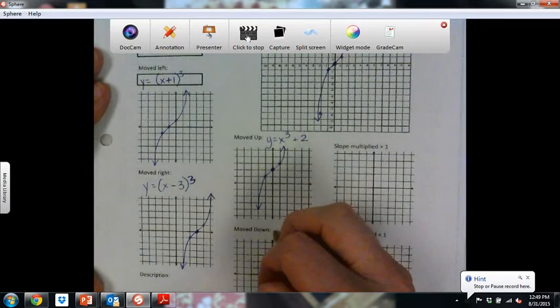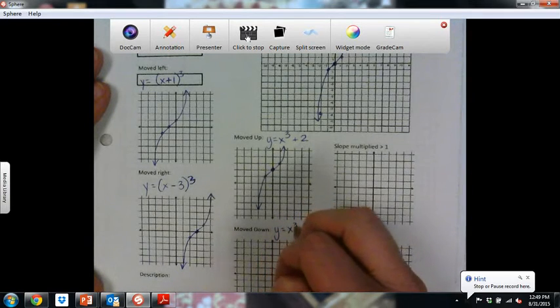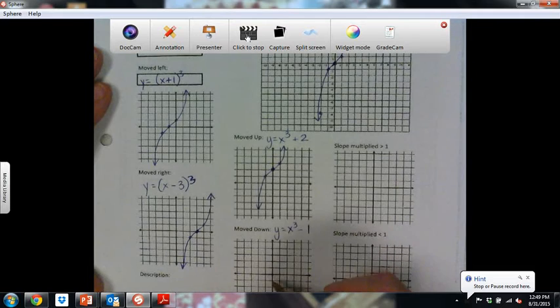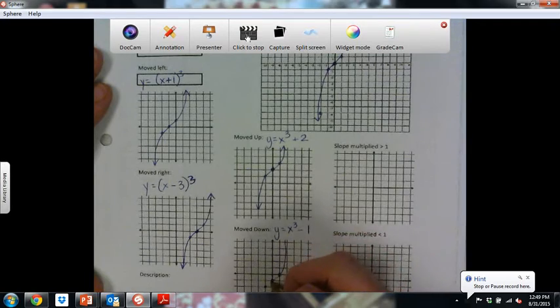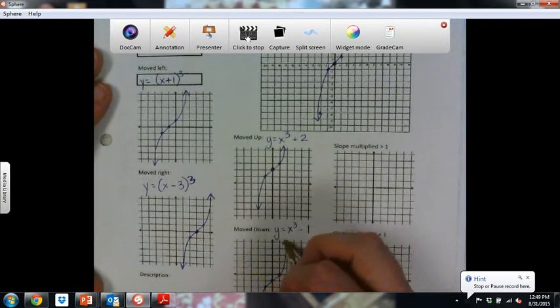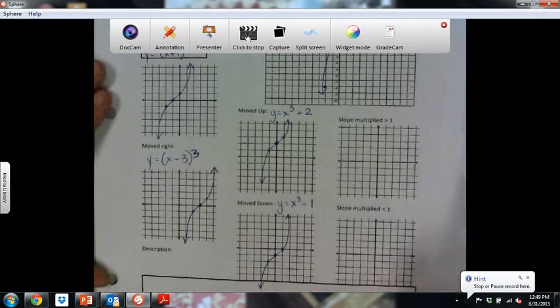And then the last example we're going to do today is x to the third minus 1. It's going to take this whole graph and shift it down 1. And I would go up 1 over 1, left 1, down 1. And then even though it looks like a line, I'm going to show that it's that cubic curve, because I know based on what it says it is.